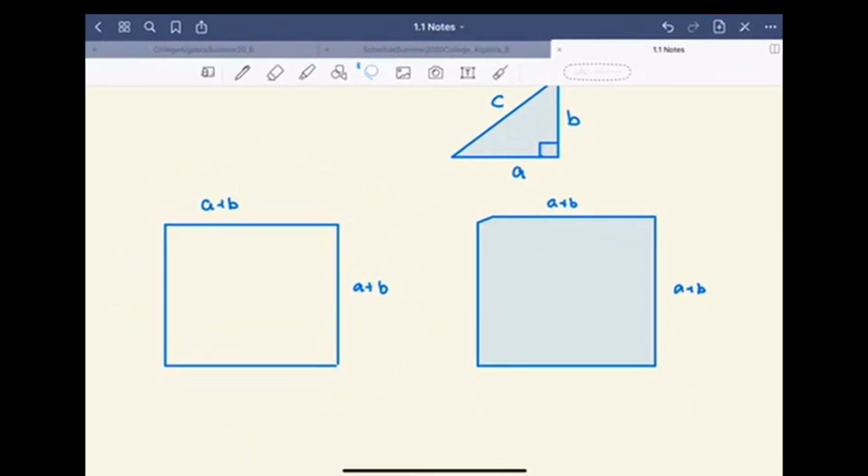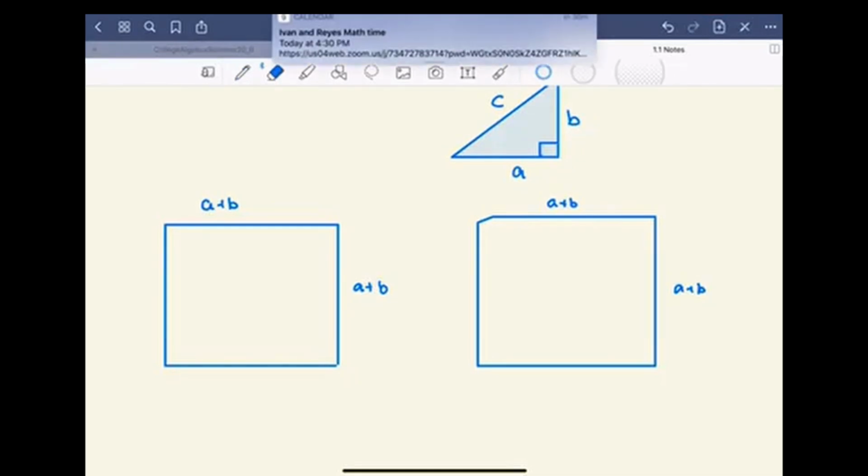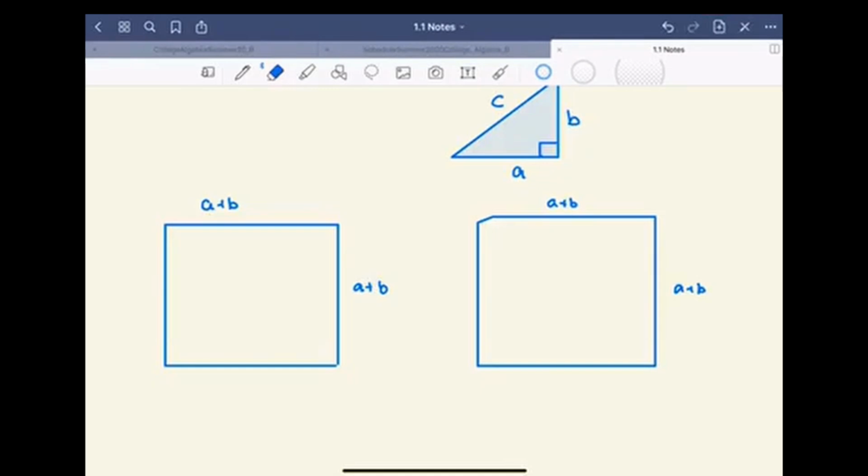Okay, we're going to split this up two ways. Okay, so over here on this left side, we're going to say we have A here, B here, and we have A here, B here.